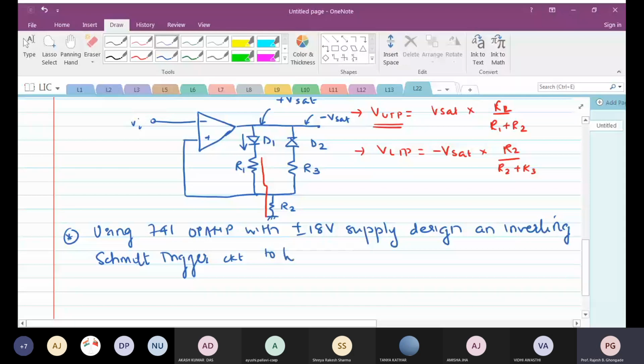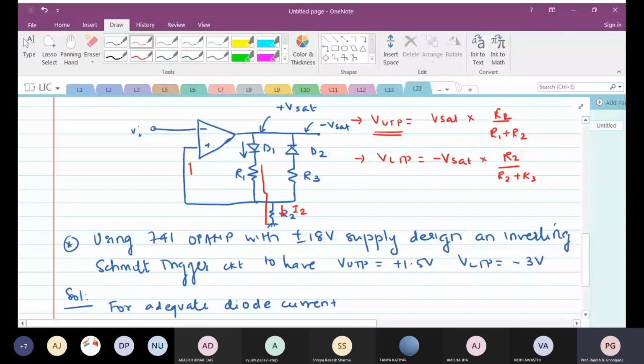Since this IB is very small or negligible, for practical purposes we are going to call it 0. So this I2 is going to flow through R1 and R3 as well, and of course to the diodes. Now we all know that for the diode to turn on, we have to have some significant current flowing through it.